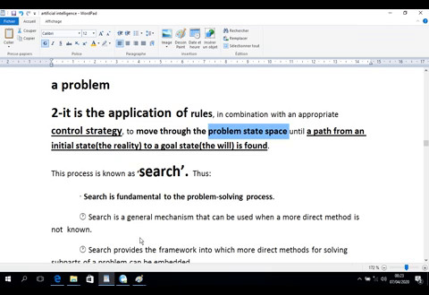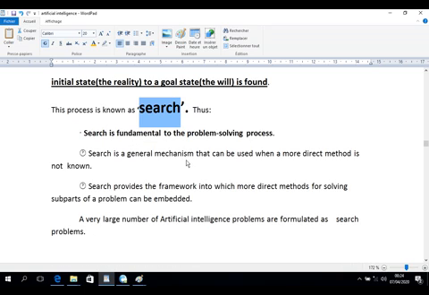The rules are the operators, so we just apply the operators in combination with an appropriate strategy to move through the problem state space until a path from the initial state to a goal state is found. So in other words, problem solving is a search for a solution.